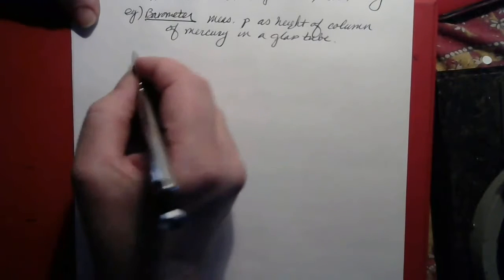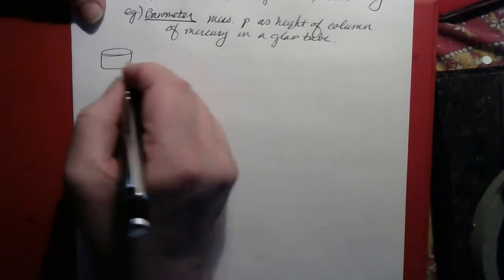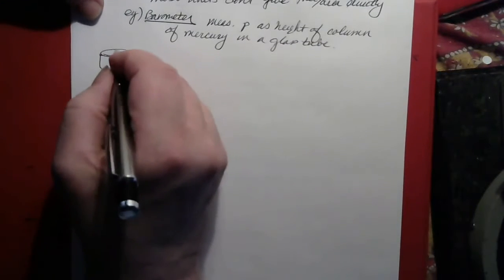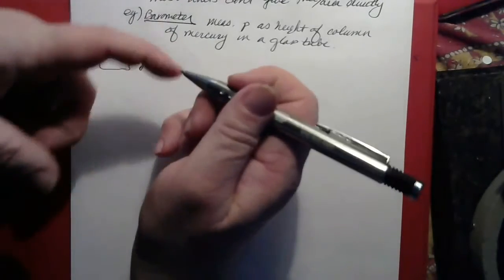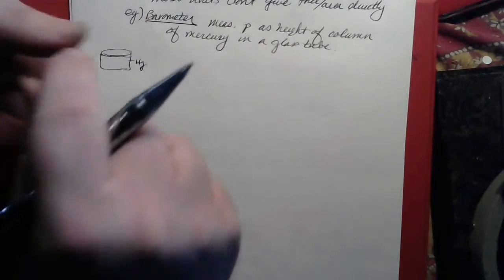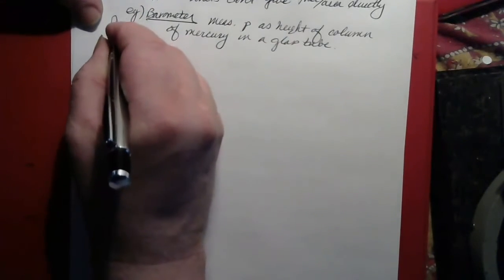The concept of the mercury barometer is actually pretty simple. All you have to do is take a reservoir full of mercury and a glass tube that's closed on one end, and you fill that tube up with mercury and put your finger over the open end, and then you turn the tube upside down and put the open end under the surface of the mercury in the reservoir.